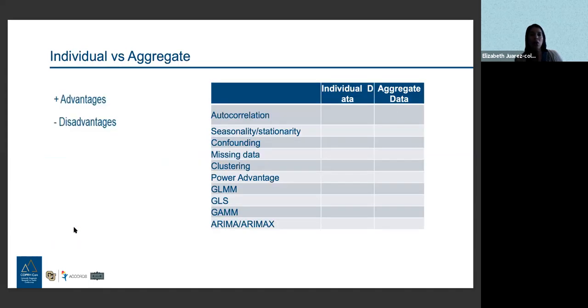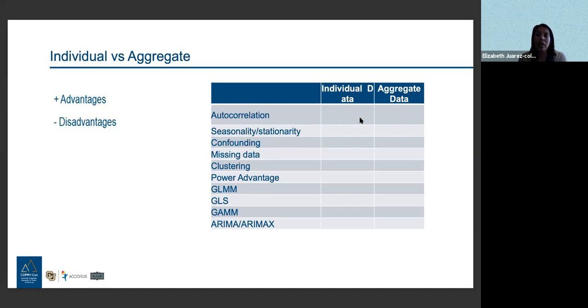If there are no questions, we thought that there might be interest in discussing the differences between individual and aggregate data analysis using ITS techniques. And so, for example, if you think about autocorrelation, we will say that it's more important to address in aggregate data.